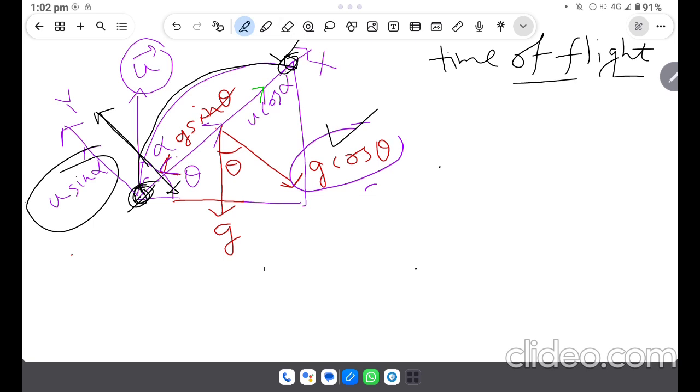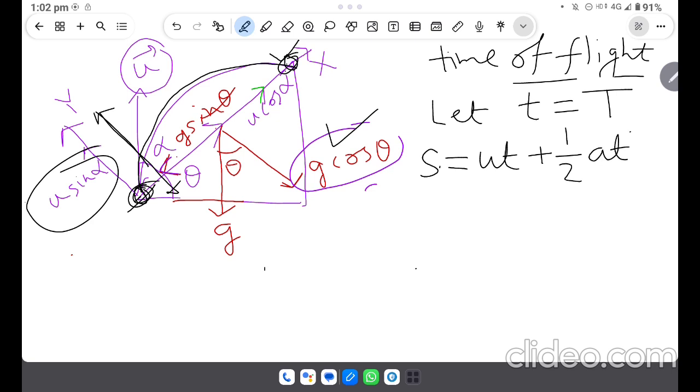Let the time of flight be capital T. So we use the formula S equals ut plus half a t square.